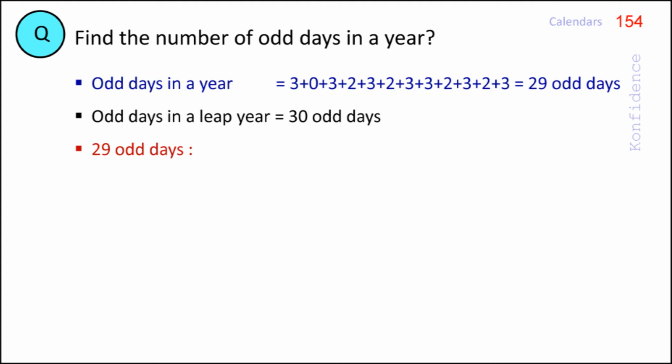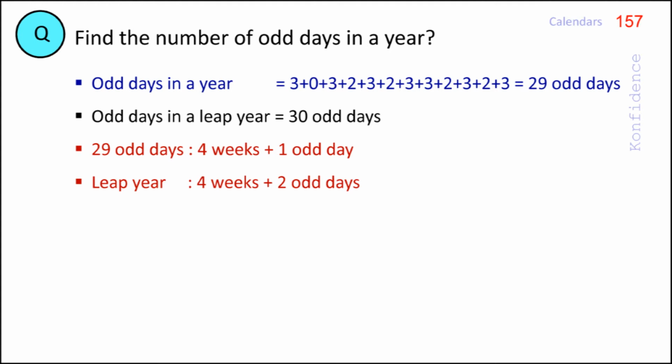No. It will be divided into 29, that is equal to 4 weeks plus 1 odd day. Therefore, a normal year will have 1 odd day. A leap year will have 30, that is equal to 4 weeks plus 2 odd days. A leap year therefore will have 2 odd days.